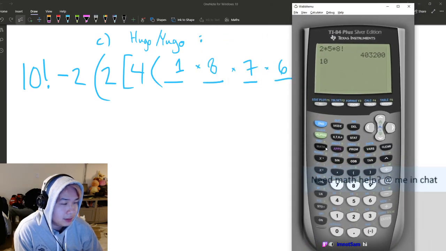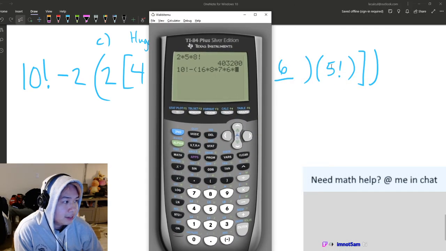So I'm going to go to 10 factorial. And then I'm going to subtract a bunch of things. So 2 times 2 times 4 is 16. And I'm going to multiply this by 8 times 7 times 6. And also by 5 factorial. I guess this is just 8 factorial, but oh well.